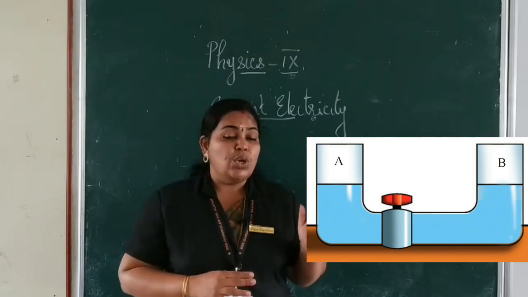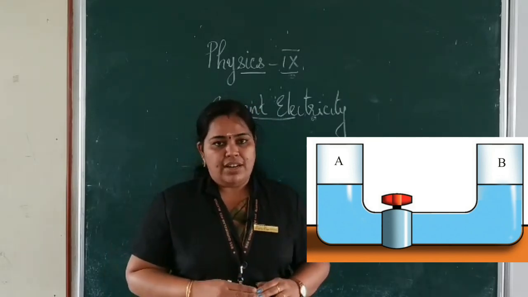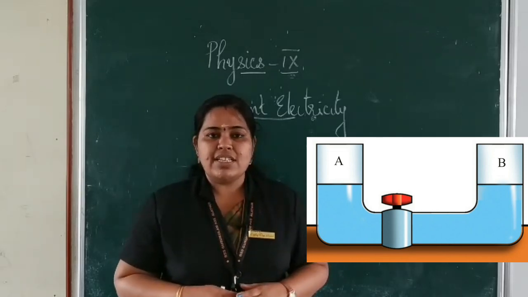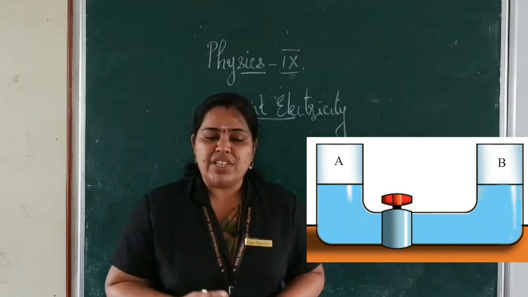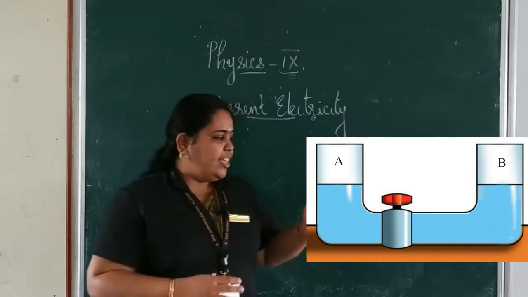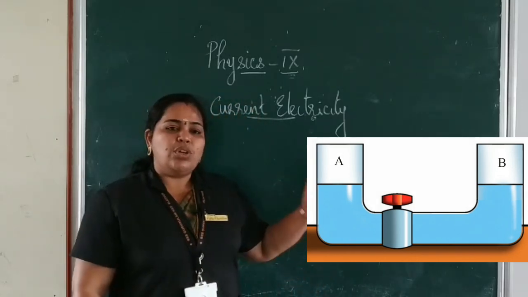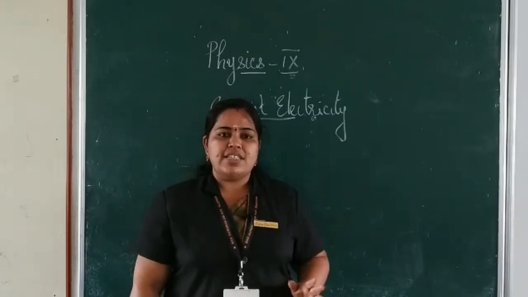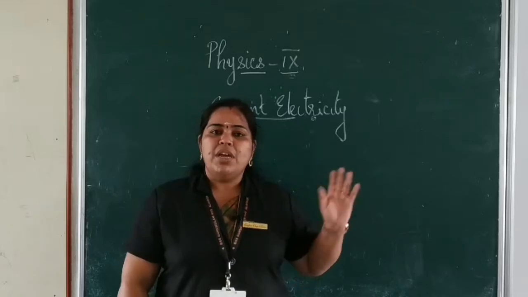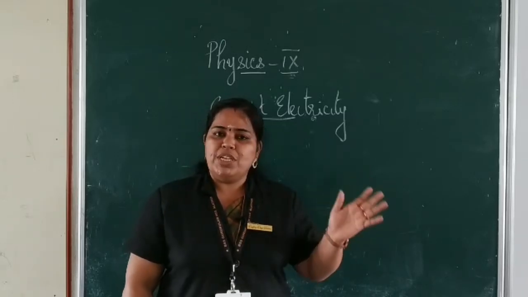That is, there is no change in the energy level. And we have already discussed that for any type of flow to occur, there should be a difference in energy level. And here in both the tanks, the water level is same and there is no difference in energy level. As a result, water will not flow from A to B or from B to A.